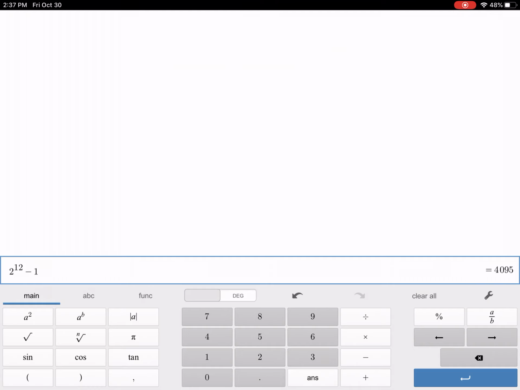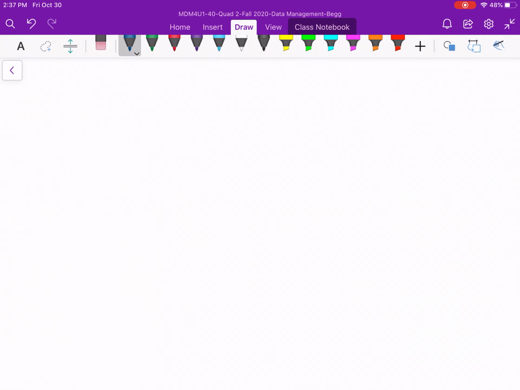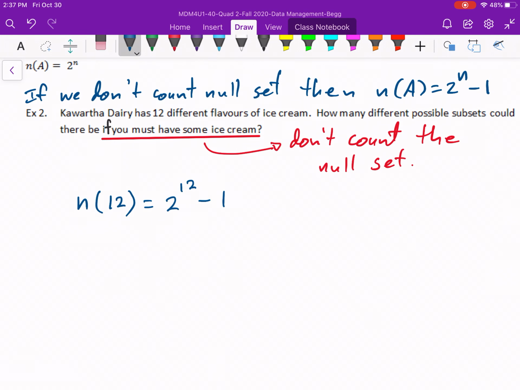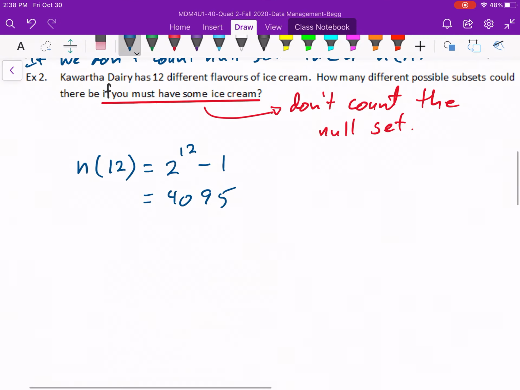If you look over the right, it says 4,095. So there's 4,095 ways that I can have some ice cream out of the 12. If I'm feeling greedy, I can have all 12. If I'm feeling not so greedy, I could have just 1. I can't have none.